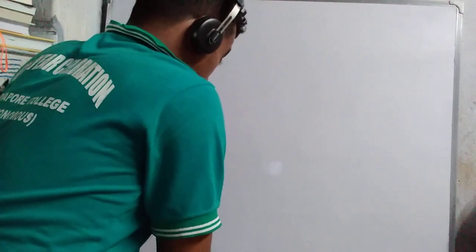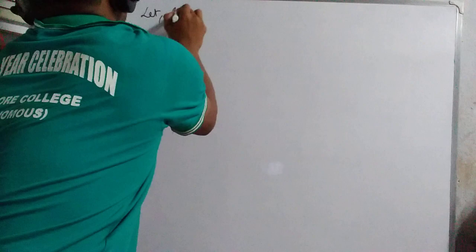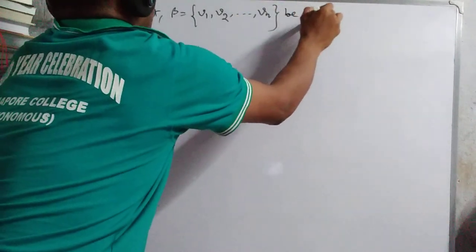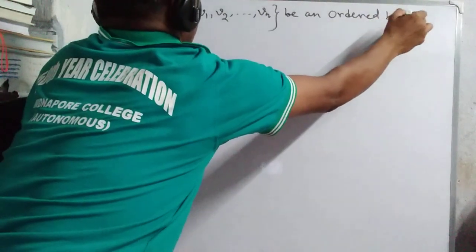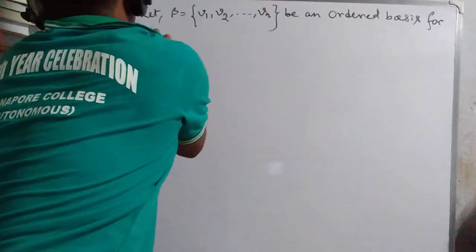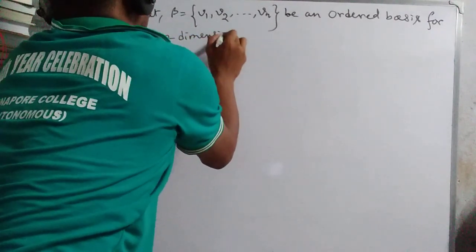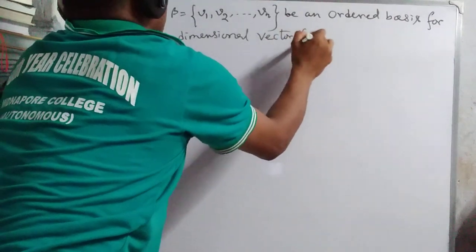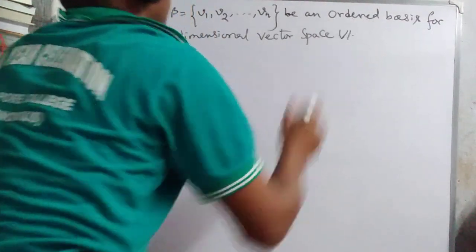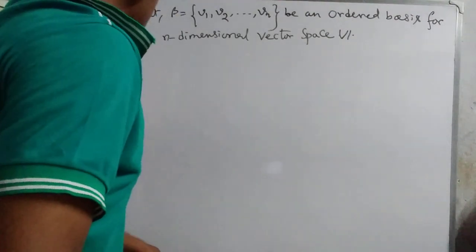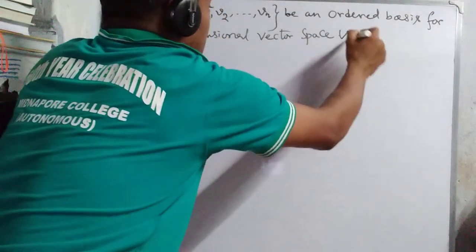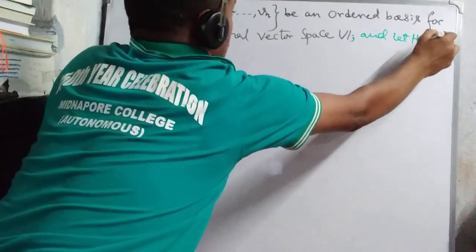Let beta equal v1, v2, ..., vn be an ordered basis for an n-dimensional vector space V. And let H belong to BV.